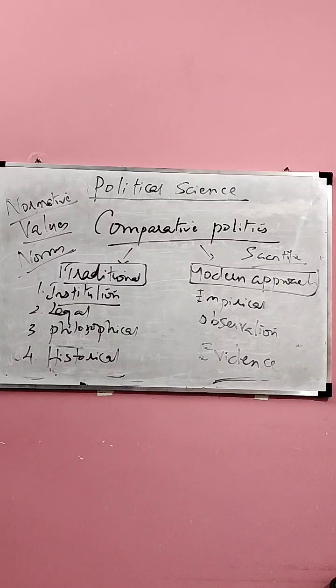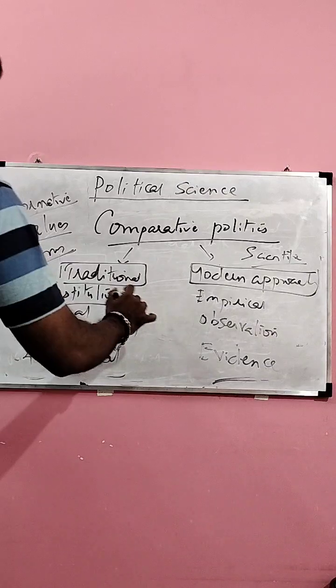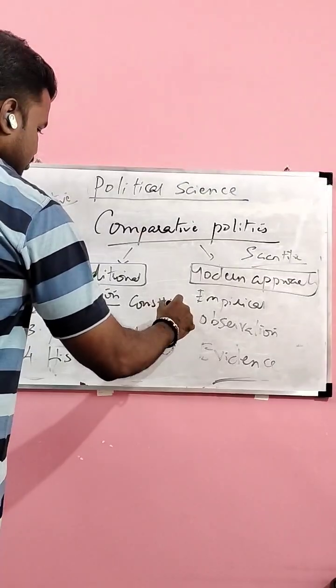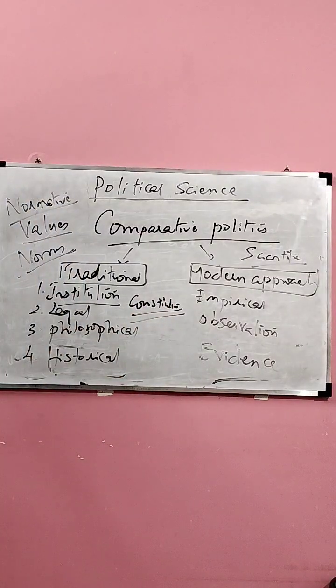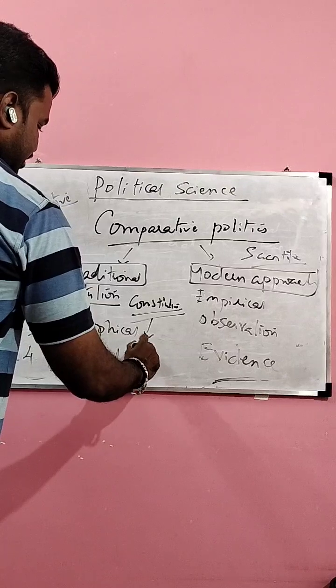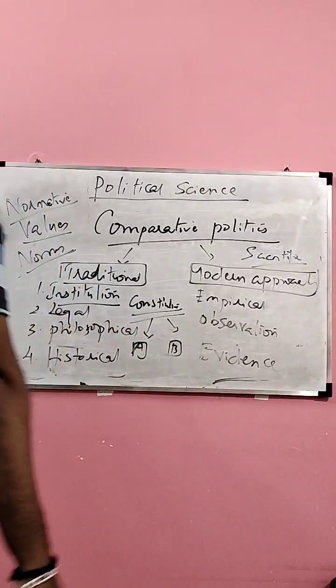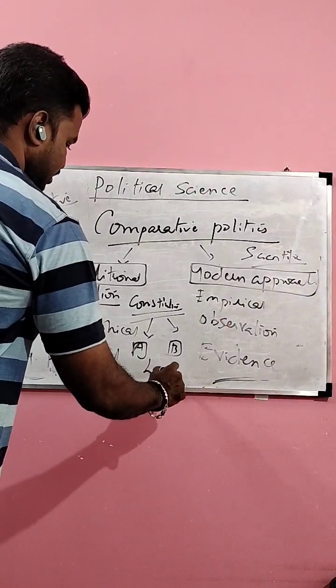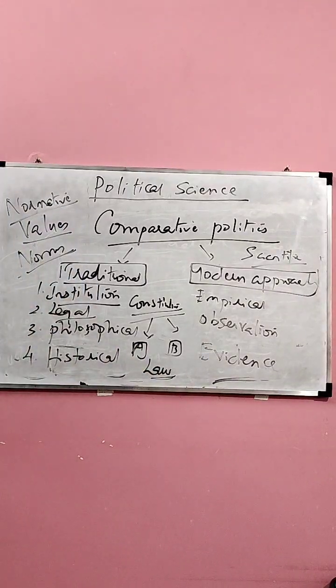If you want to compare two countries with respect to the political system using the traditional approach, invariably we will look into the constitution of the two countries. We will compare the constitution of country A with the constitution of country B. We will look into the law. The legal aspect is also important. This is how we compare using the traditional approach.